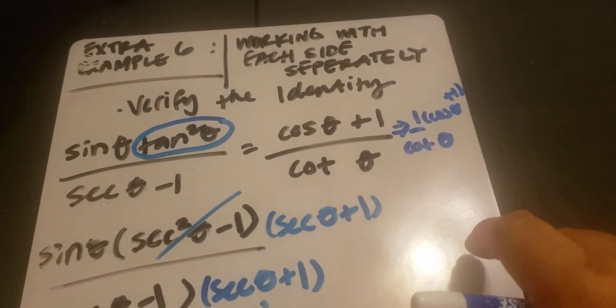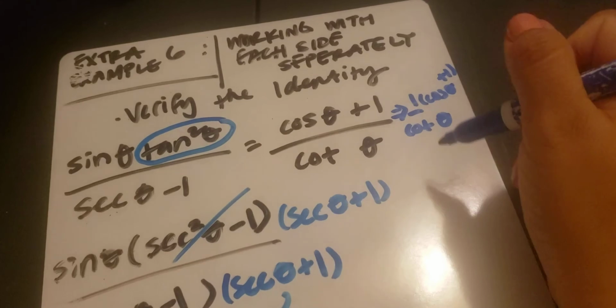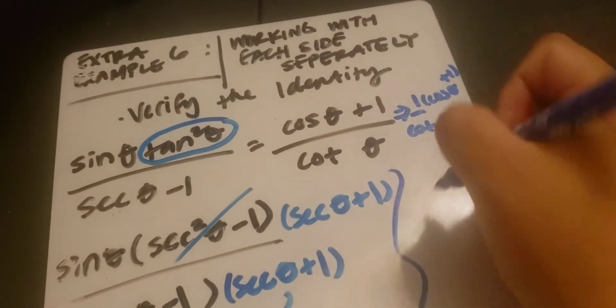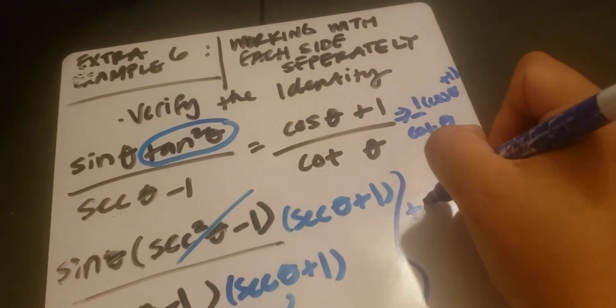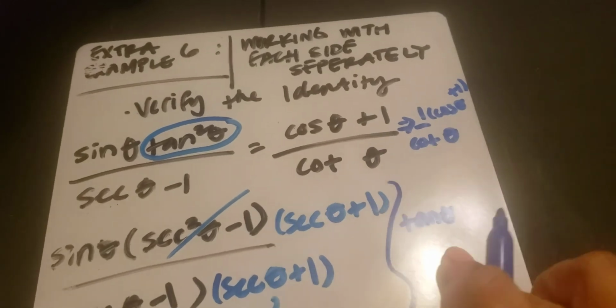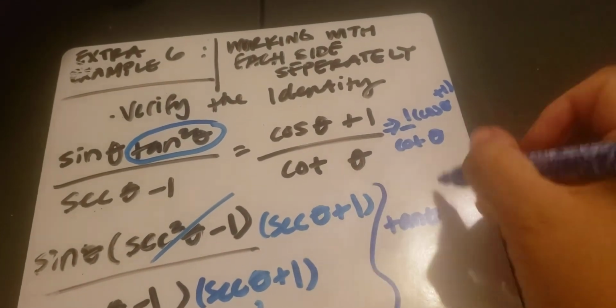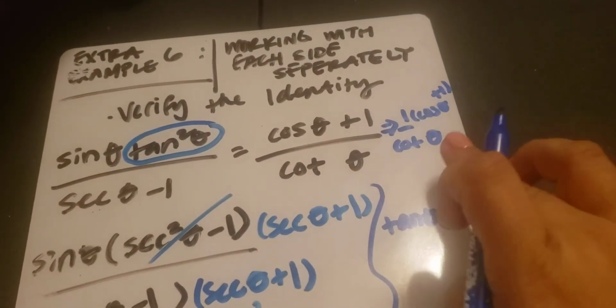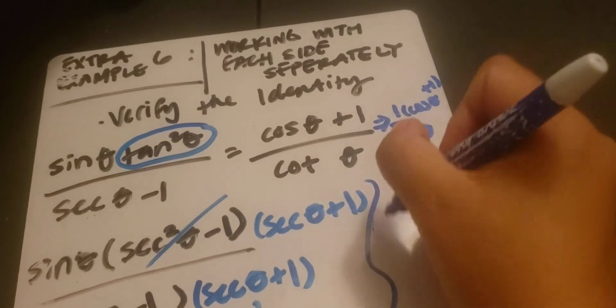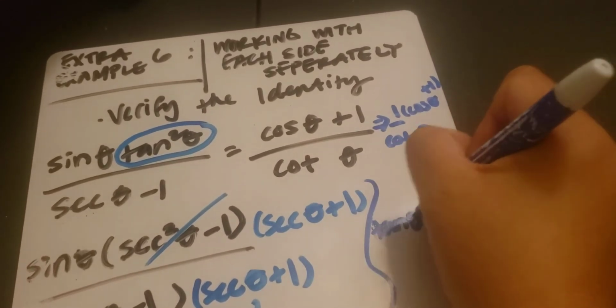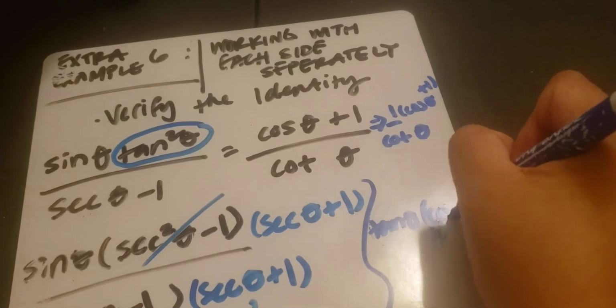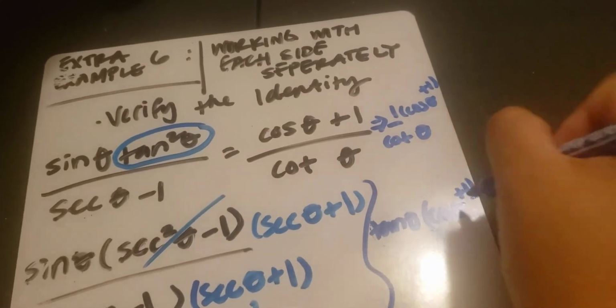Well, what's 1 over cotangent of theta? That's the reciprocal of tangent of theta. So this is the same as saying tangent of theta times cosine of theta plus 1.